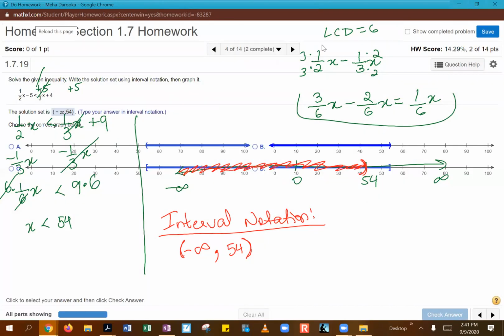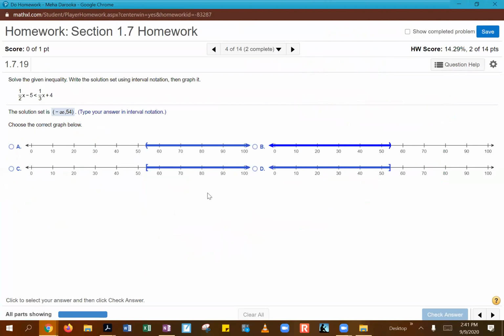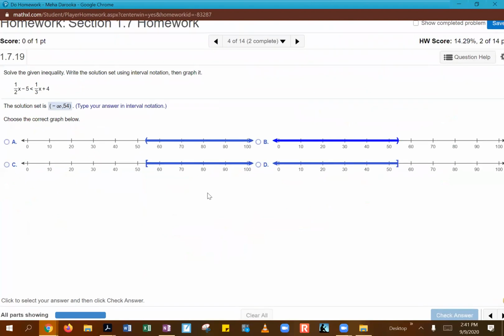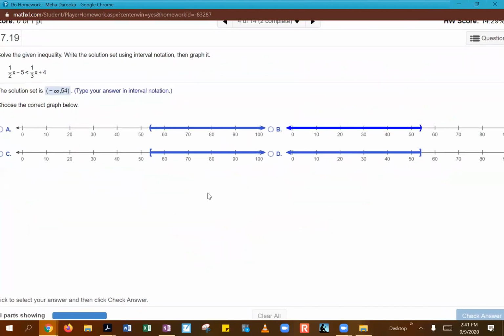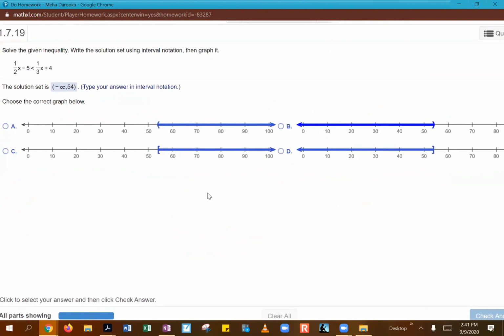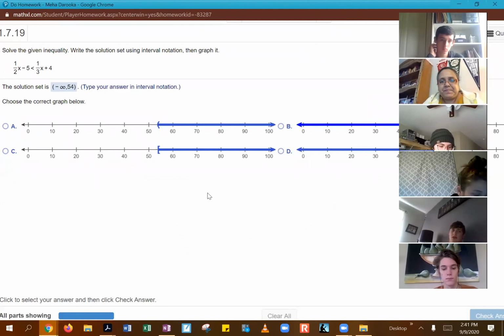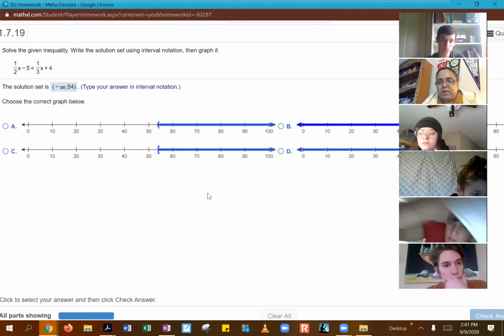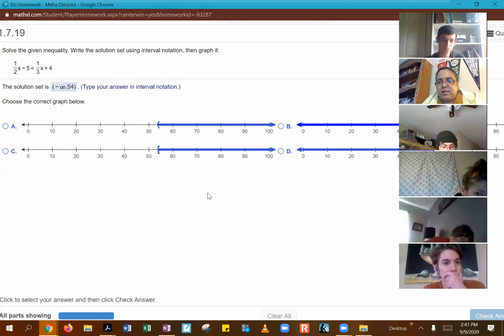Okay, now let's talk about our graph over here. So out of these options, and I'll try and make this just a little bit bigger, which one would you choose as your graph out of A, B, C, and D? B, right?